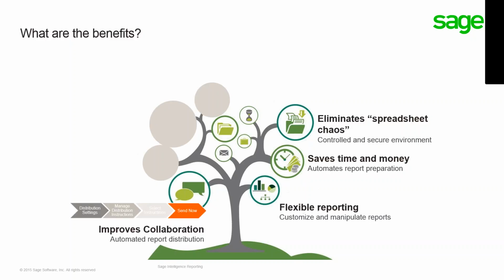Improve collaboration. The person can design a report based on specific requirements of your business or your specific employees or executives. Those reports can be set up and then automated to be sent out to those users on a predefined interval, so they have the most relevant data at the right time, if you will.